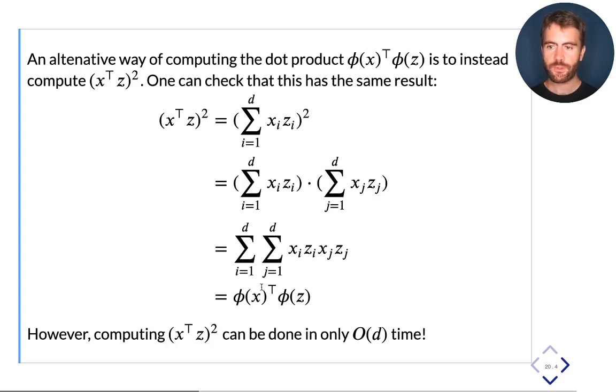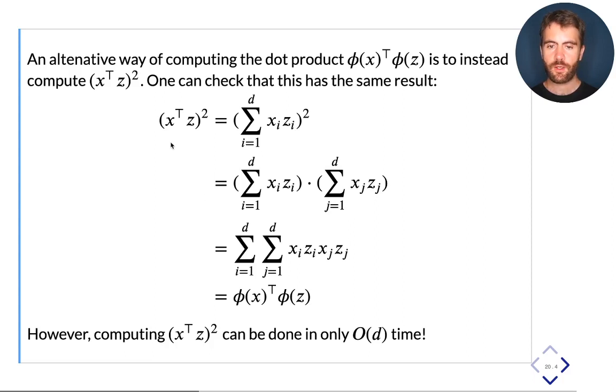So in other words, what I have here is another formula for computing the dot product between these two high dimensional sets of features. But now the really important distinction is that when we used our formula to compute this dot product in feature space on the previous slide, it took us d squared time.